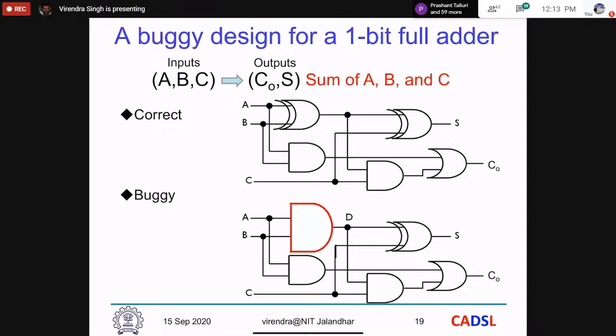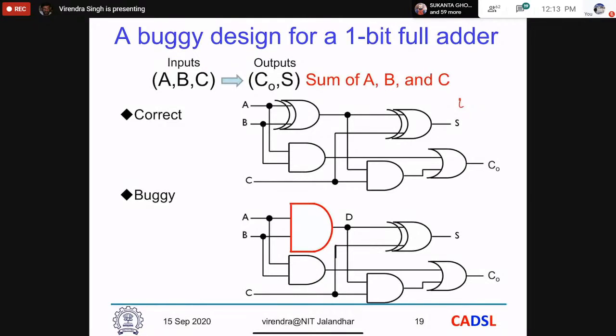Now how can I use this in the debug process? Let's say, and all of you know, this is my single bit adder. This is my single bit adder. All of us know that this is a concatenation of two half adders.